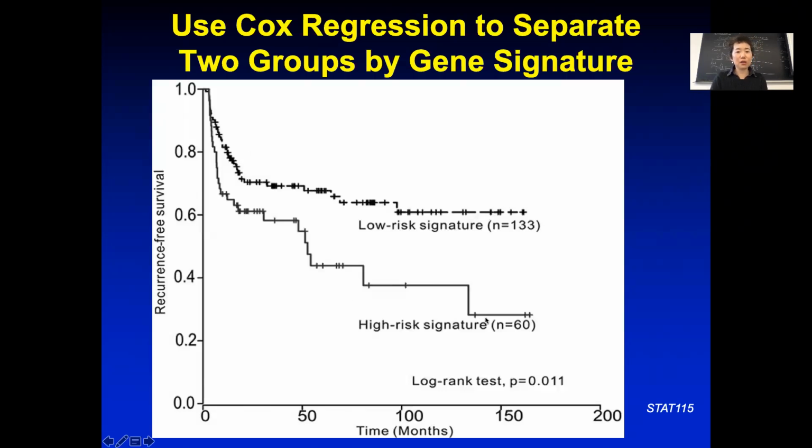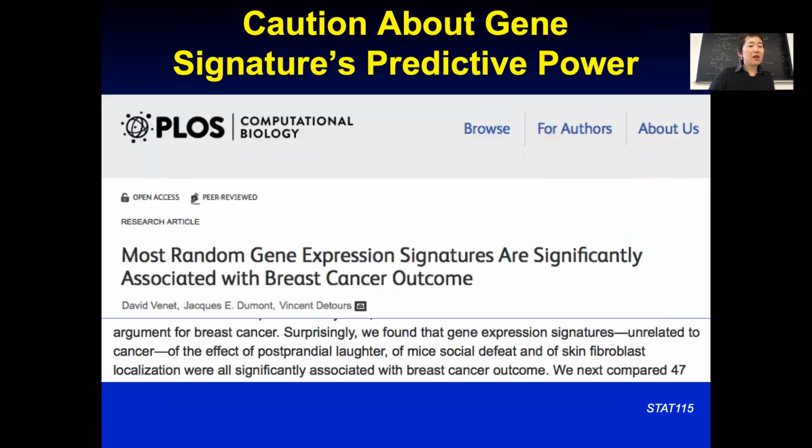And sometimes you could see this, right? So you can separate the 2 groups by a gene expression signature. However, if you have very big gene signatures, you have to be careful because Cox regression tries to give a weight to different genes. And if you have too many genes in your signature, like 300 genes, it will tweak the parameters on each gene to really give you that survival difference.